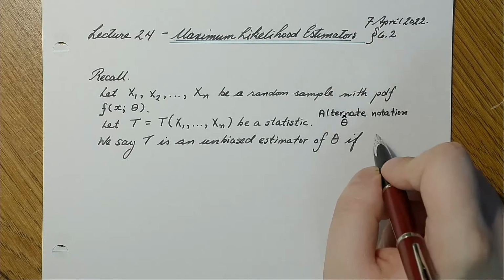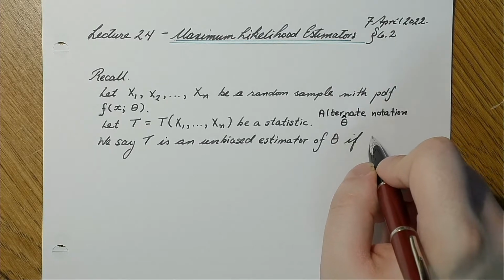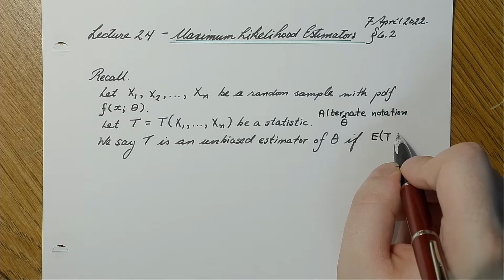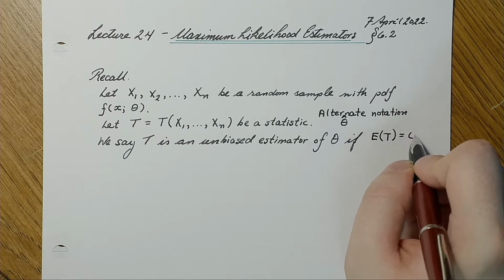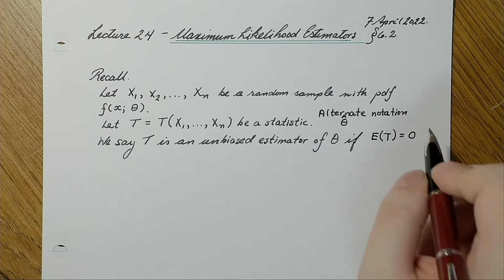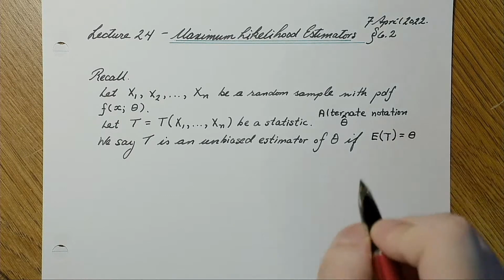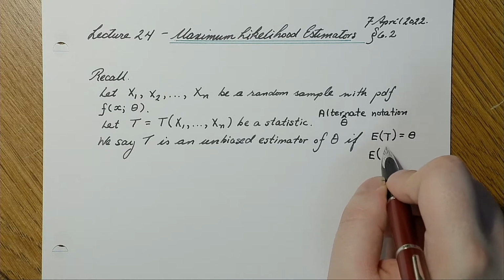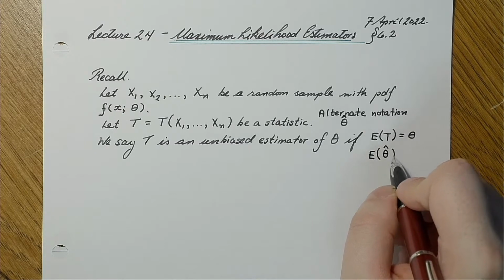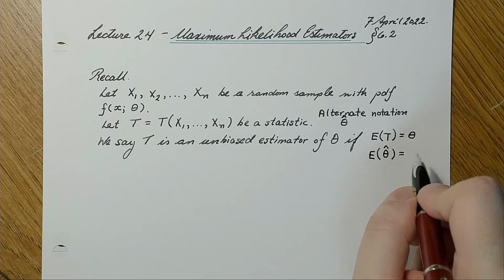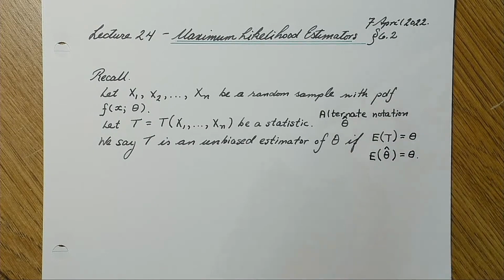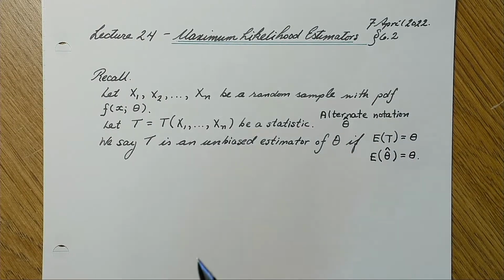So you could say if the expectation of the statistic is equal to theta, or you could also write that as the expectation of theta hat, which is our estimator, is equal to the actual parameter that we're trying to estimate. Good.